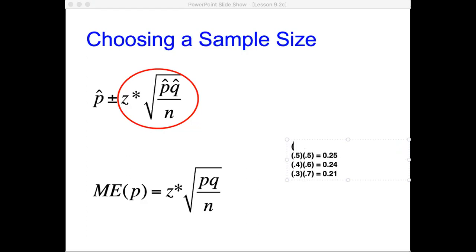Even the other way, if p was 0.6, q would be 0.4. That product is still lower, right? So that's why we use p of 0.5, because that is the most conservative estimate that will give us the biggest product in my numerator here. Okay? All right, any questions about that? Using 0.5 as our most conservative estimate of p.